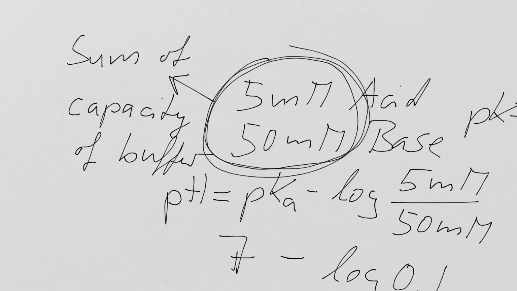So when it says the capacity of the buffer is 55 millimolar, you know that it is composed of acid and a base. How much acid and base? We don't know at the beginning, but that really depends on the pH, because the pH determines the ratio of acid to base. Does that make sense?